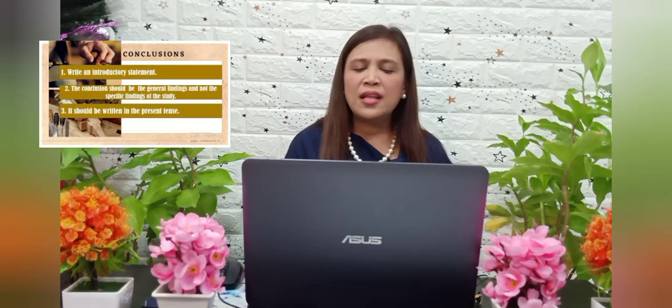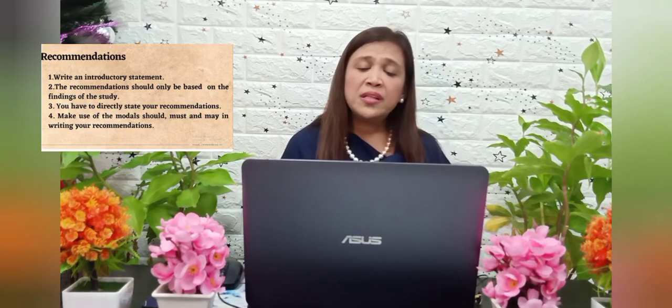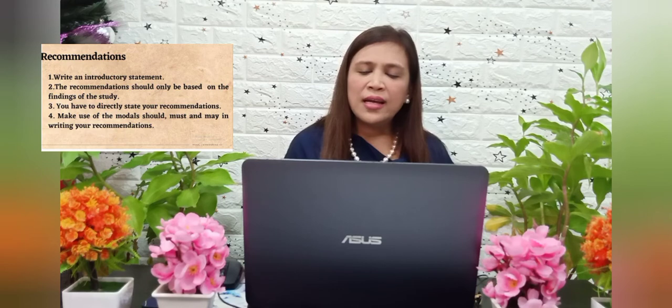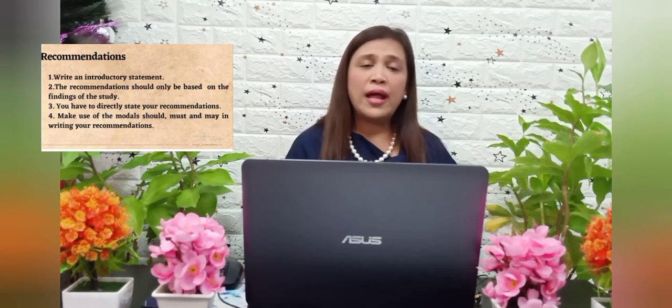It should be written in the present tense. For the recommendations, write an introductory statement. The recommendation should only be based on the findings of the study. You have to directly state your recommendations and make use of modals should, must, and may in writing your recommendations. Those are some of the tips that I can share in writing your chapter 5.